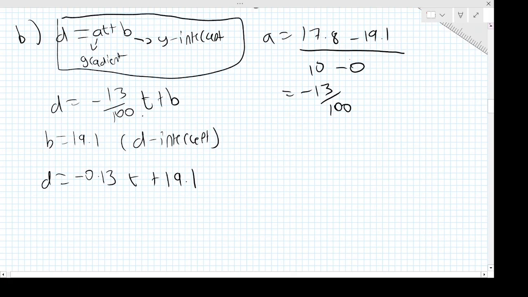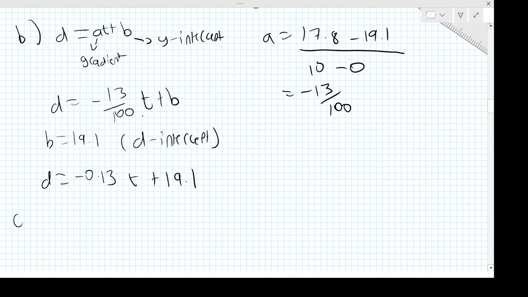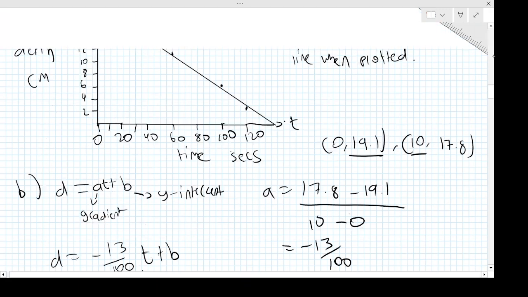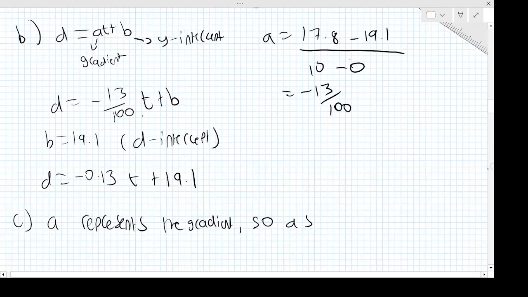A is the gradient and B is the y-intercept. So that's going to help us here. So for part C, A represents the gradient, meaning that as t, which is x, increases by 1, but t is time in seconds, so as time increases by 1 second, then the d value, d's depth, increases by A. So it increases by the gradient.